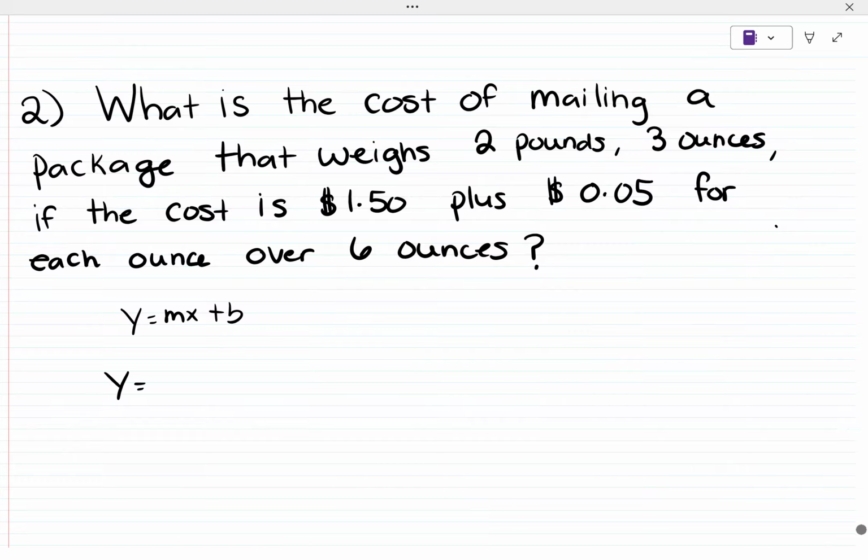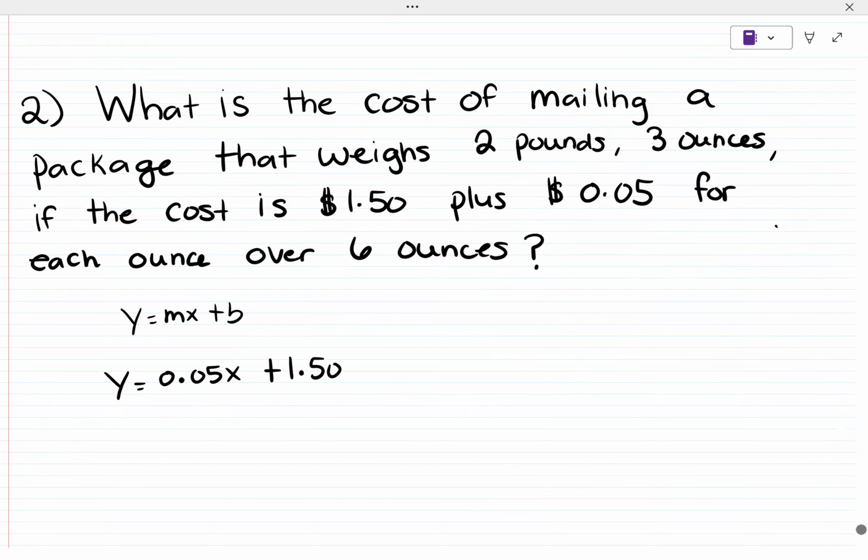Yes. Our m is 5 cents for each ounce over 6 ounces. So m is like our variable cost. So our m will be 0.05x. And do we have a starting cost? Yes, it starts at $1.50.